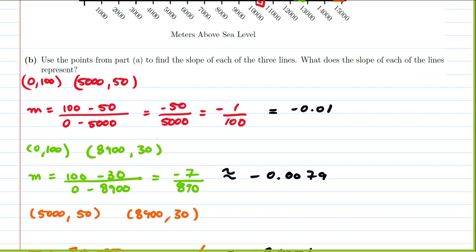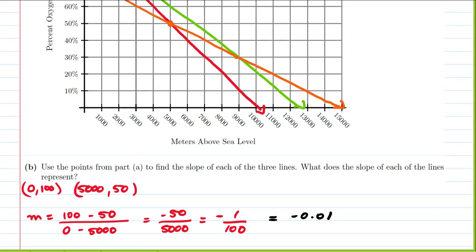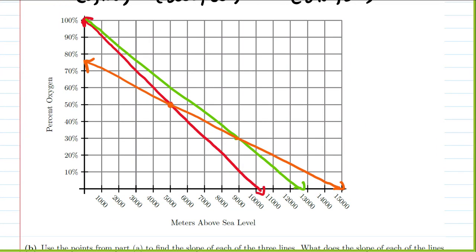Well, by definition, slope is the change in y over the change in x, right? So it's the change in percent oxygen divided by the change in meters above sea level.